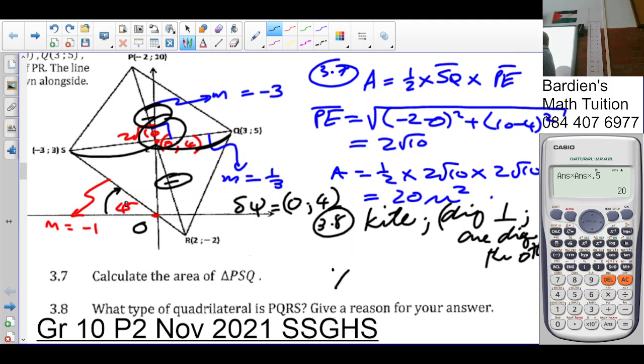If I had said it was a rhombus, I first had to work out the midpoint of SQ. That's the first thing I needed to do. Then I must say it's a rhombus. Why? Because the diagonals bisect each other at 90 degrees, which is the reason I used it. Okay?